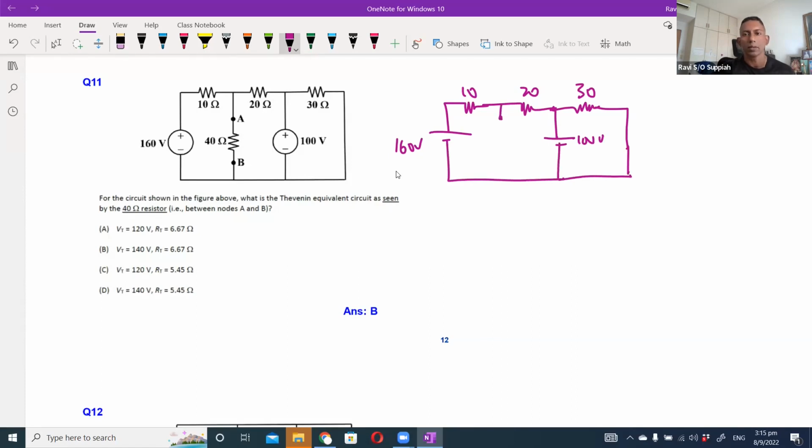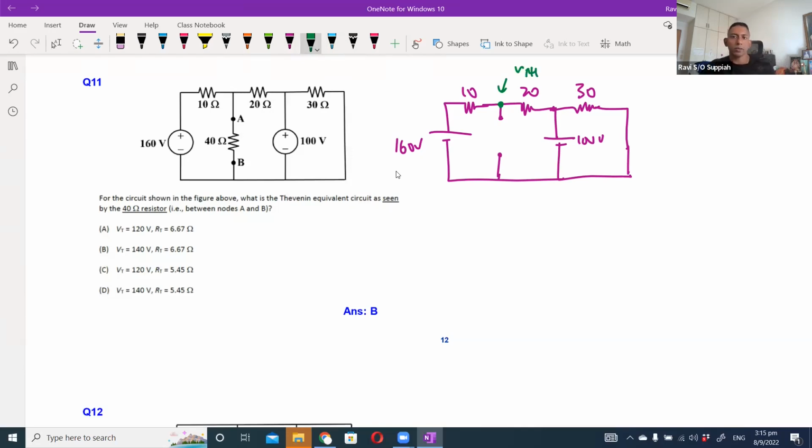This is the open circuit voltage. So this open circuit voltage is basically the voltage at this point here, which is the open circuit voltage, VTH.